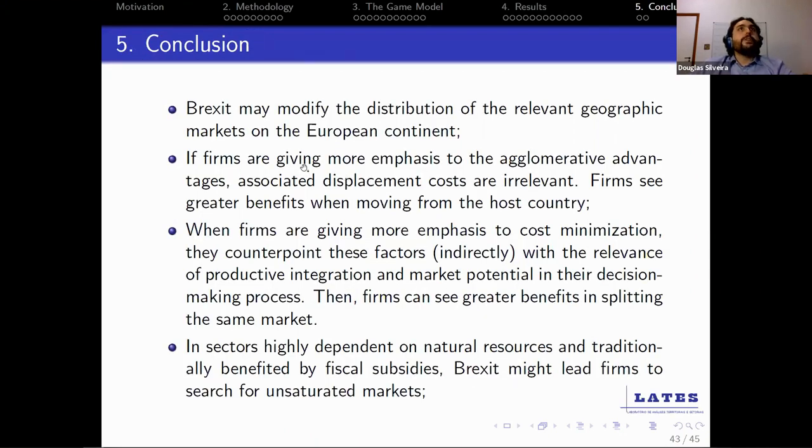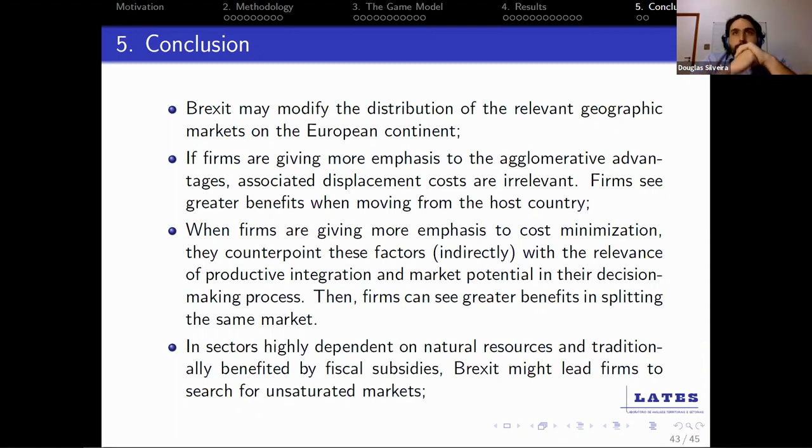And some brief conclusions. Brexit may modify the distribution of the relevant geographic markets on the European continent. If firms give more emphasis to the agglomerative advantages, displacement costs are irrelevant, so firms will see greater benefits when moving from the host country. When firms, on the other hand, give more emphasis to cost minimization, they will counterpoint these factors with the relevance of productive integration and market potential when deciding where to be located.